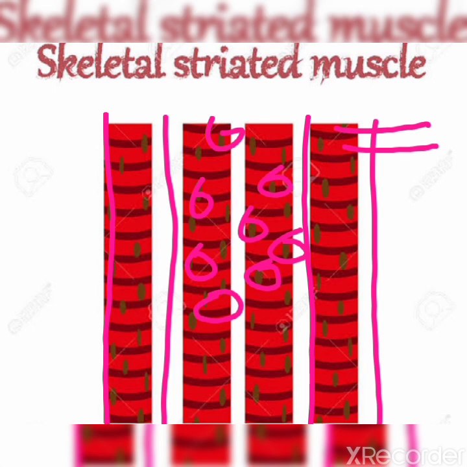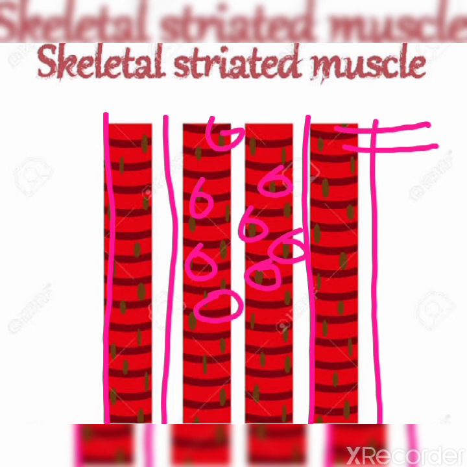These dark and light bands are due to the presence of a type of protein filaments known as actin and myosin, that contract and relax the muscles to bring about movement.